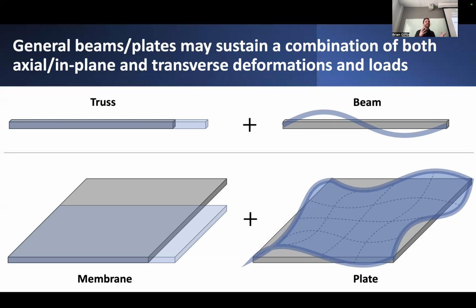So you can think of classical types of membranes as usually very thin, fabric-like, stretchy media, like the surface of a bubble or maybe a tarp or some kind of tent covering and things like that, that have basically no bending stiffness.